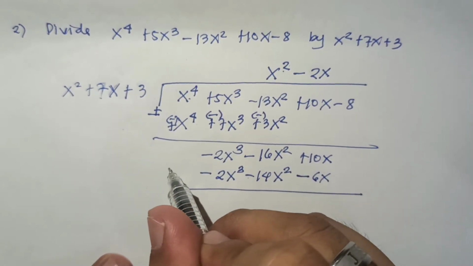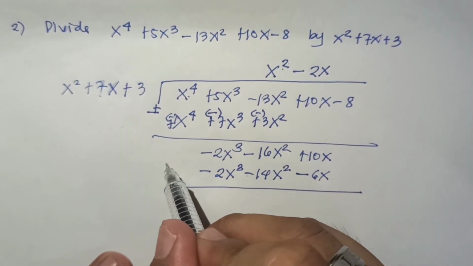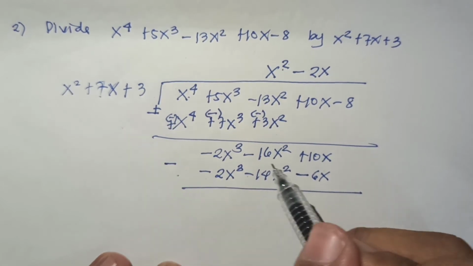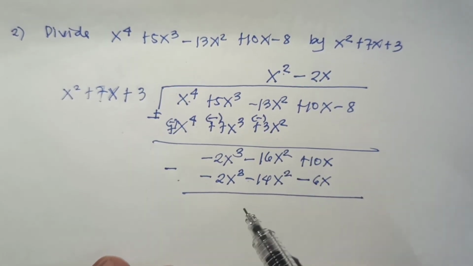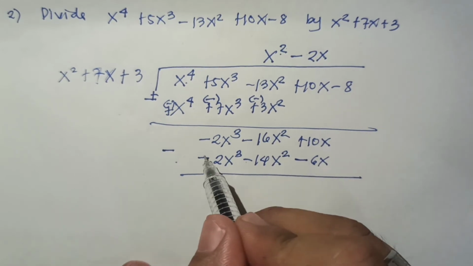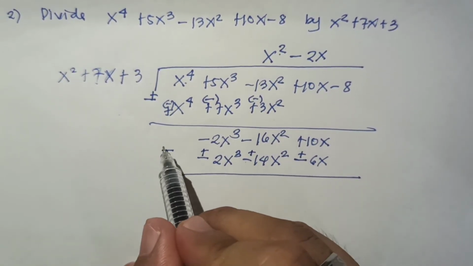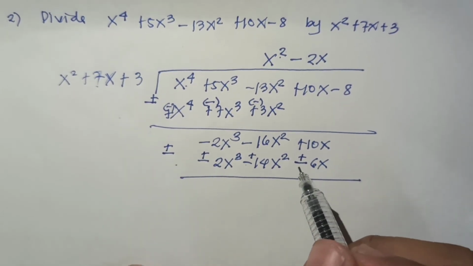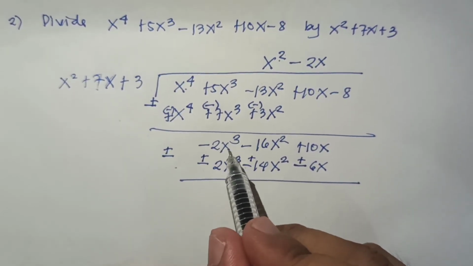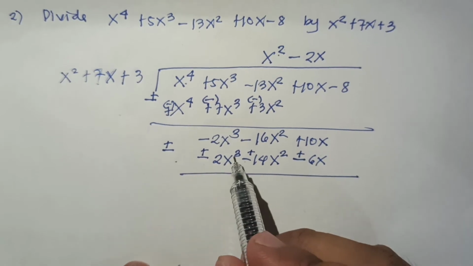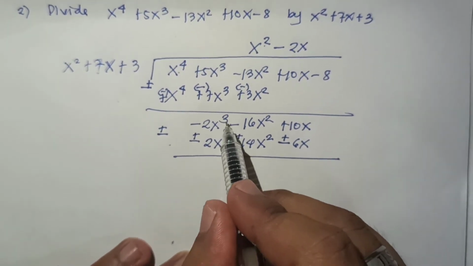Next, we are going to subtract. Change the sign of the subtrahend, then proceed to addition. So this becomes plus, plus, and plus. Negative 2x cubed plus 2x cubed is equal to 0.